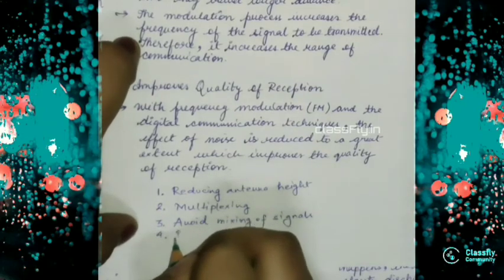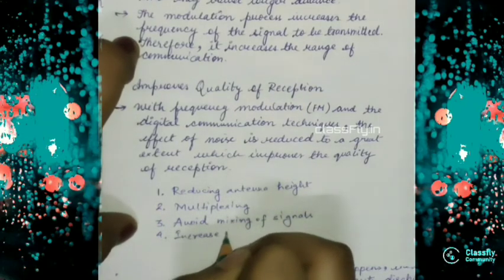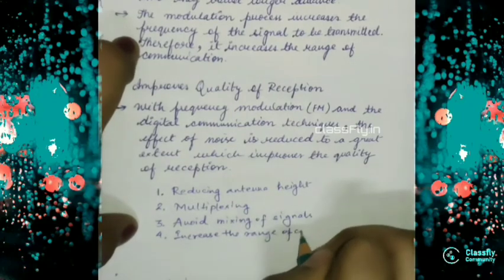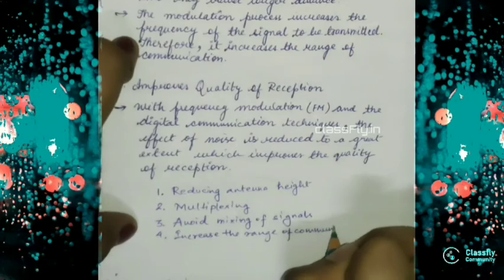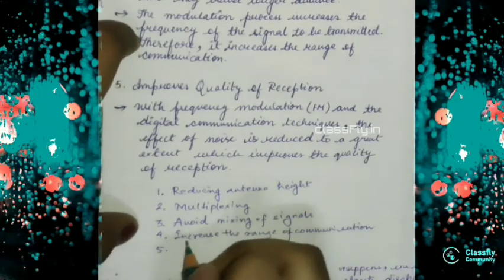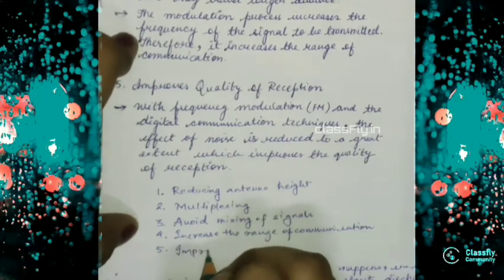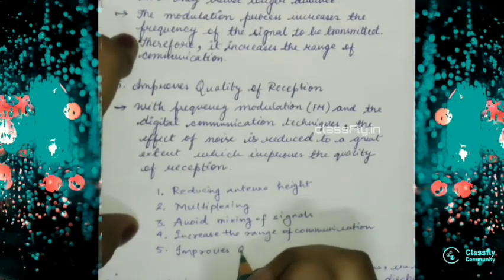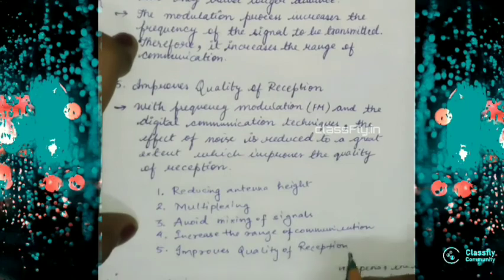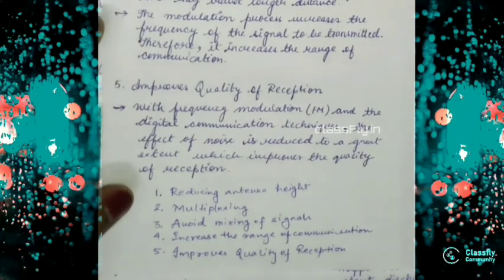Fourth is increase the range of communication. And the fifth point will be improves quality of reception. So we come to the end of the modulation part 2 and see you all in the next lecture.